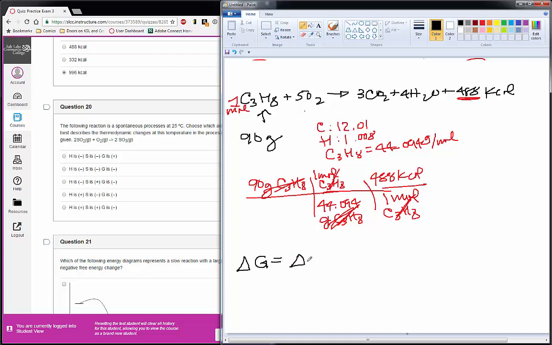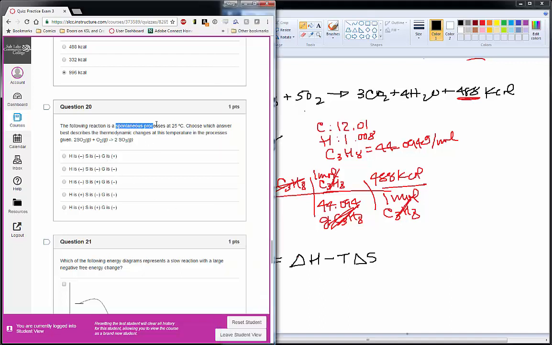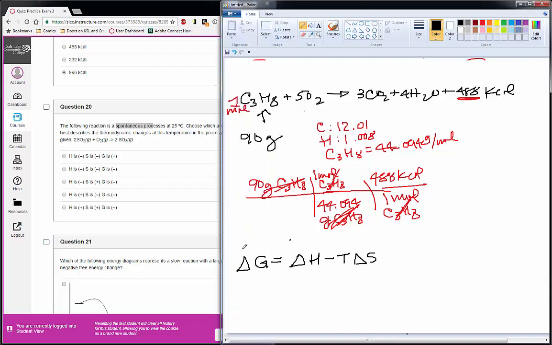Delta G equals delta H minus T delta S, right? This is if it's spontaneous. This is the heat. This is the entropy or disorder. And spontaneous would mean favorable, would be negative. And we were told that it's spontaneous. Hey, they told us that. So we know that the delta G is negative.